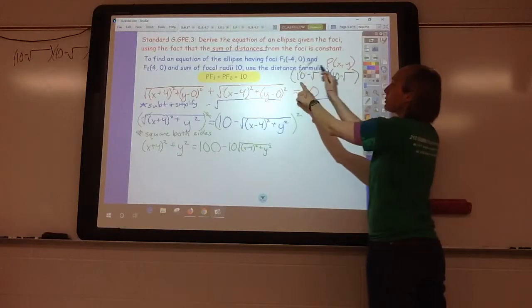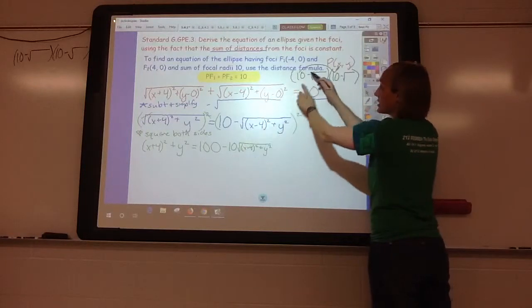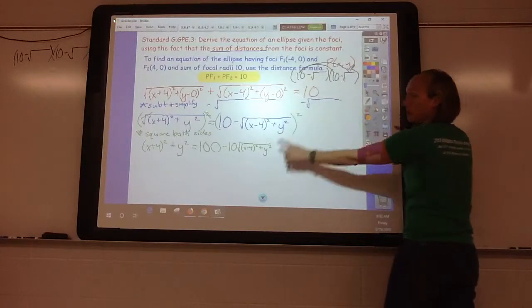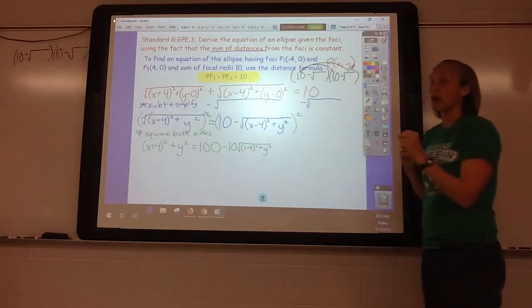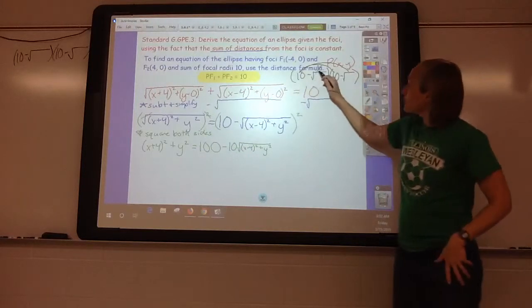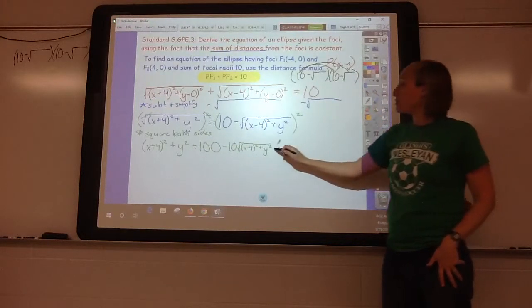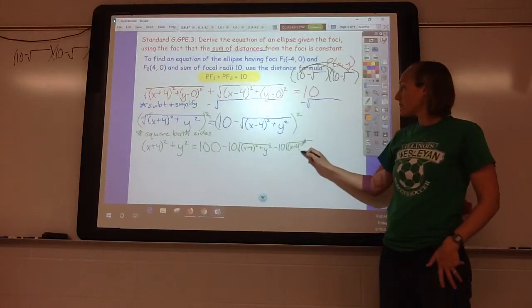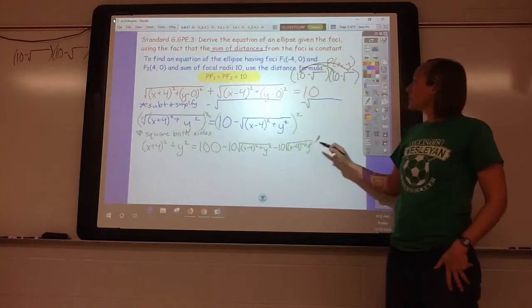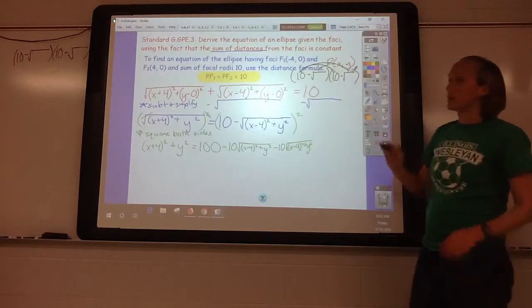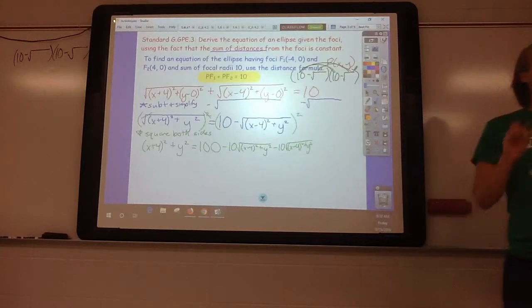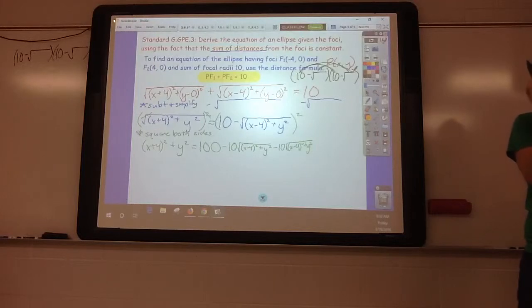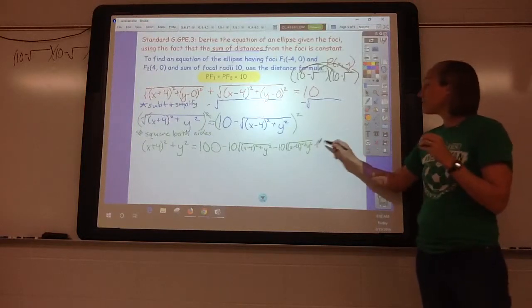So what I just did is I multiplied the 10 by the 10, got the 100, and the 10 by the negative square root, I got negative 10 root. Okay? Then I'm going to multiply the negative root by the 10, which is going to give me the same thing again. And I'm going to multiply the negative root by the negative root. Now, the negative root times the negative root, negative times negative makes positive.